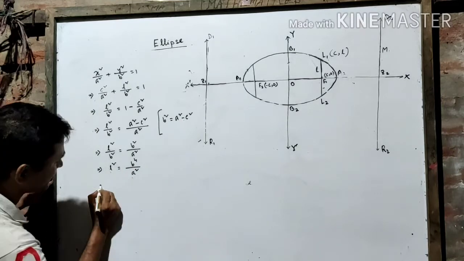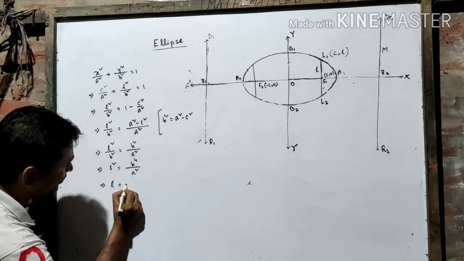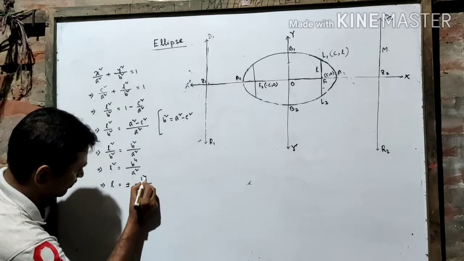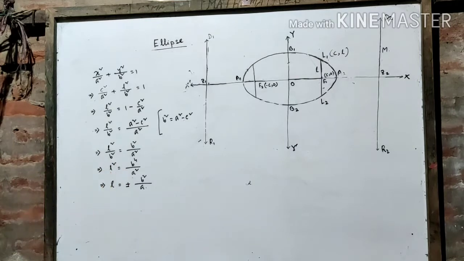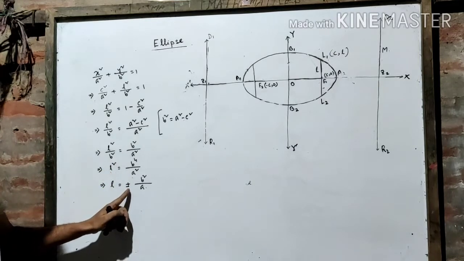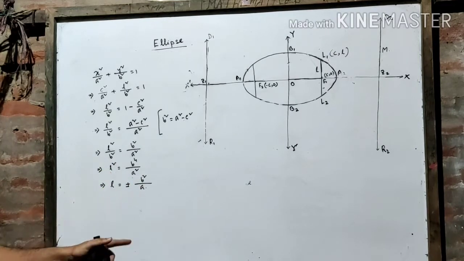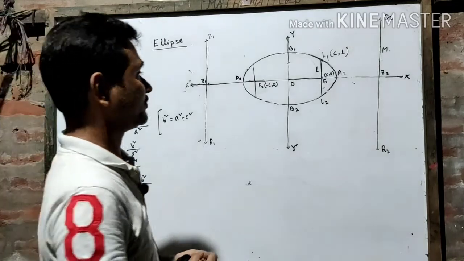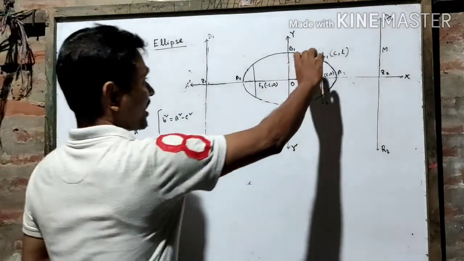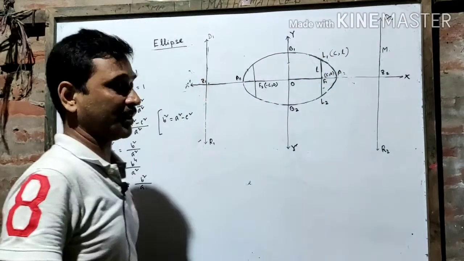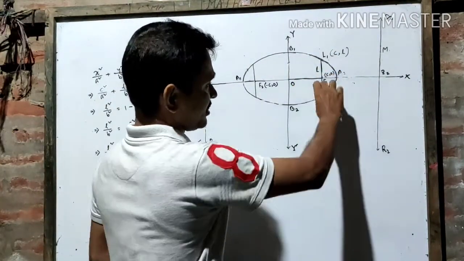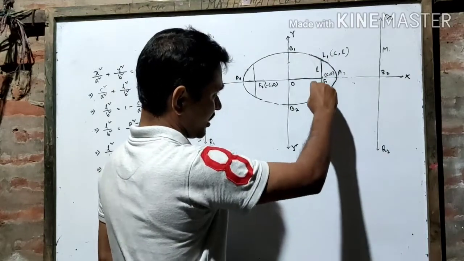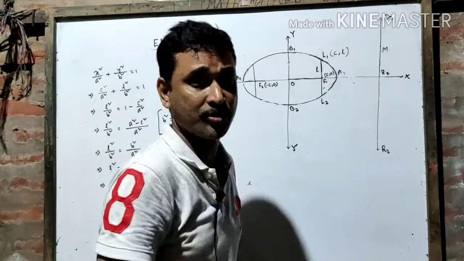This implies L is equal to plus minus b square by a. This signifies the presence of two latus rectum. One is plus b square by a and the other is minus b square by a. This length is plus b square by a, and this length is on the negative side of the y axis, so it is minus b square by a.